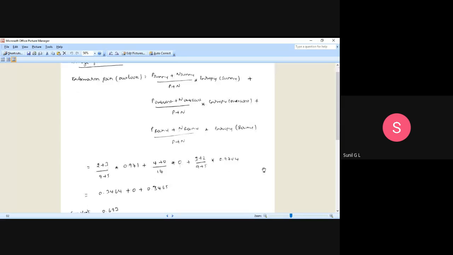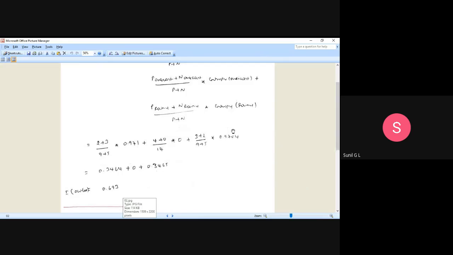Like that we need to calculate. When I multiply these things, I will get 0.3464 plus 0, since anything multiplied by 0 is 0, plus 0.3465. So I will get the value of 0.693.